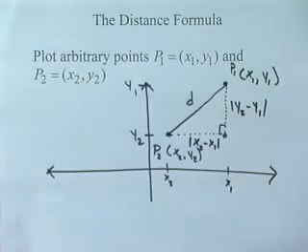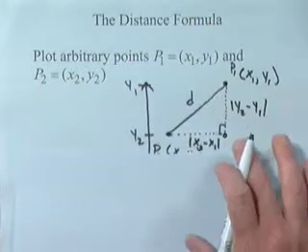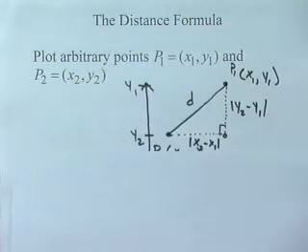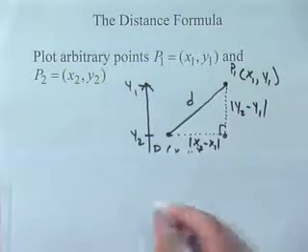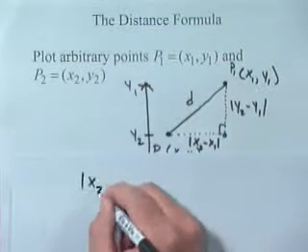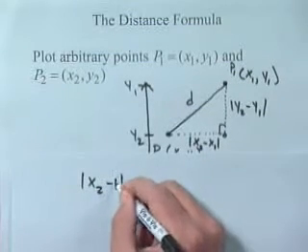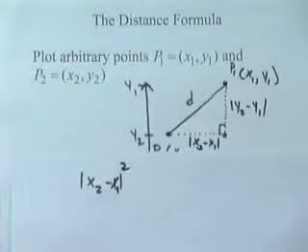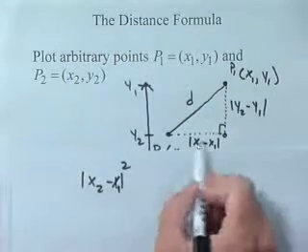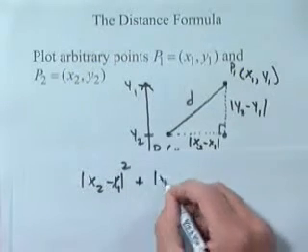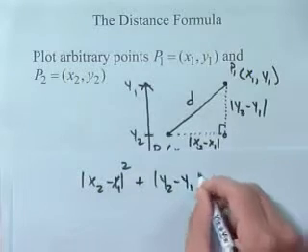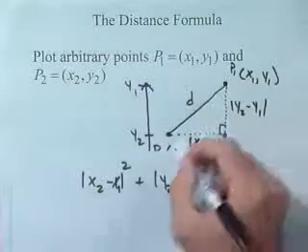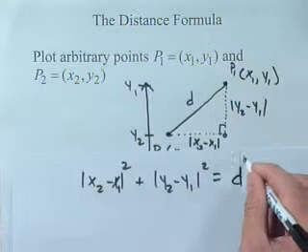Okay, so if this is a, x2 minus x1, and this is b, I have the formula a squared plus b squared equals c squared, but in this case we use d.